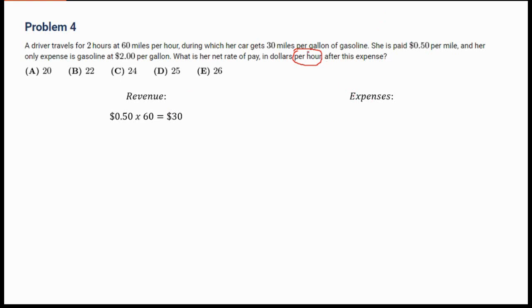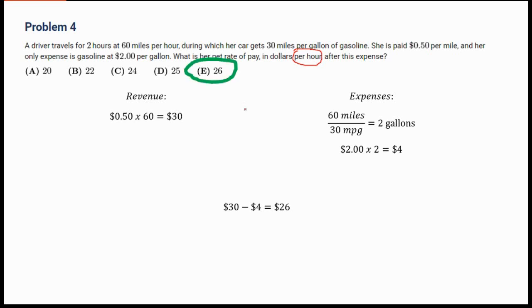Every 30 miles she travels, she uses up 1 gallon of gasoline. In 1 hour, she travels 60 miles, and 60 divided by 30 equals 2, so she uses up 2 gallons. 2 gallons times $2 equals $4 of expenses. All we have left to do is subtract the expenses from the revenue. $30 minus $4 equals $26, or E.